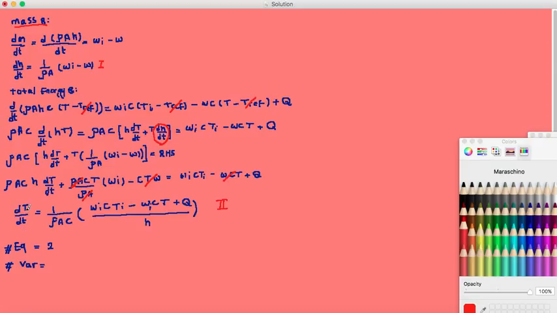Because we have T, we have omega I, T I, and we have H, we have Q, and if you look at equation 1, we have omega.